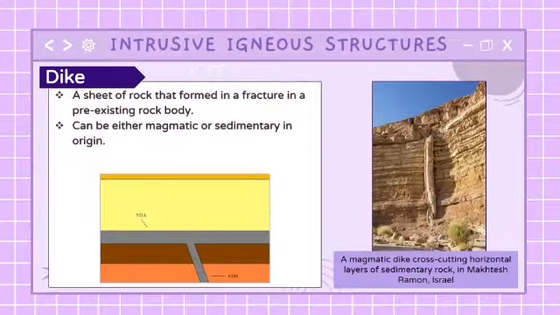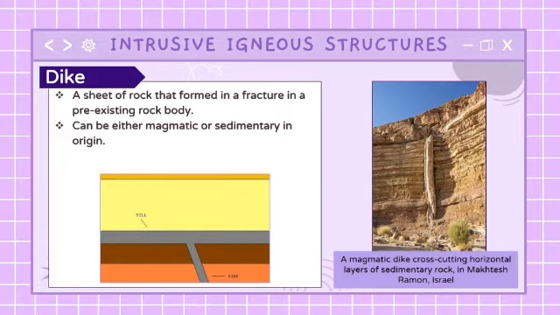The next one is dike. A dike is a sheet of rock that formed in a fracture in a pre-existing rock body. Dikes can be either magmatic or sedimentary in origin. Magmatic dikes form when magma intrudes into a crack, then crystallizes as a sheet intrusion, either cutting across layers of rock or through an unlayered mass of rock.